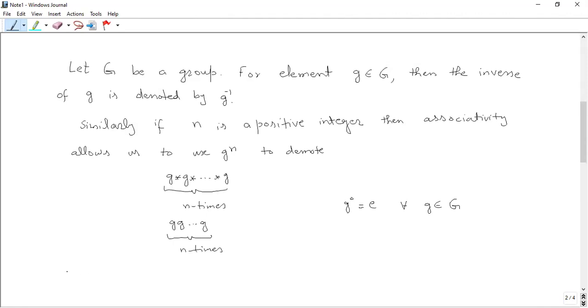And when we take a negative power, for example, g to the power minus 5, which is actually equal to g inverse to the power 5, means the binary operation between g inverse, 5 times.